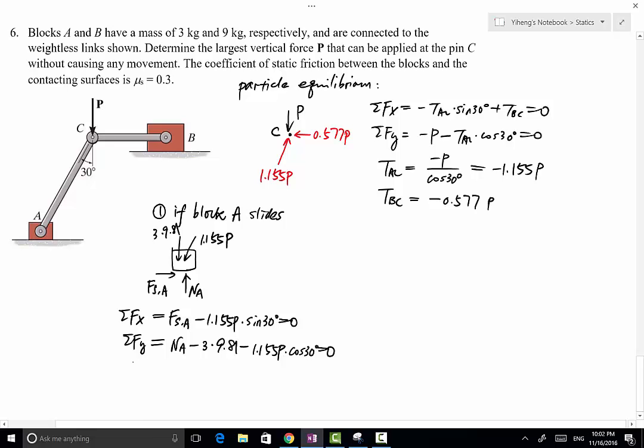And because sliding is going to occur, static friction is indeed the maximum static friction, which equals mu_s N_A, which equals 0.3 times N_A.